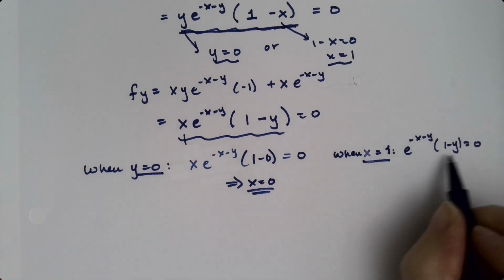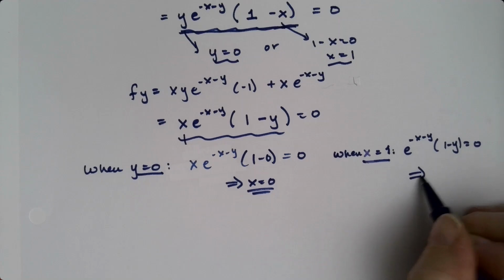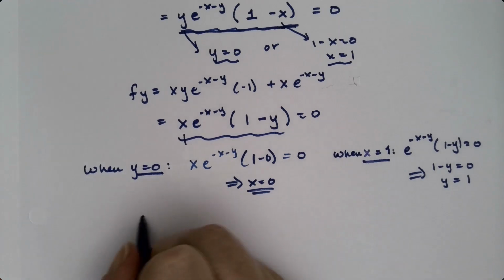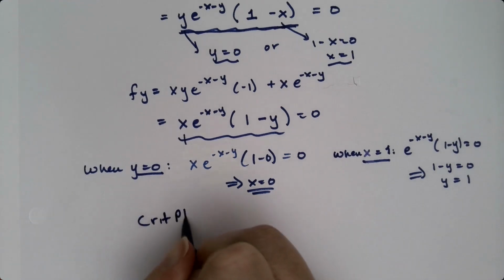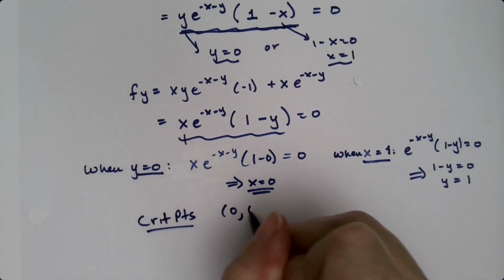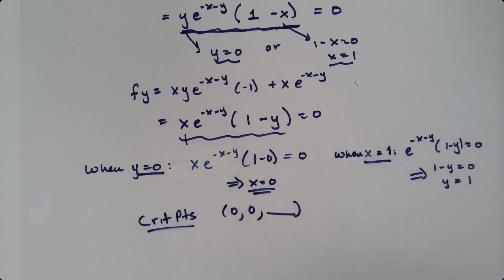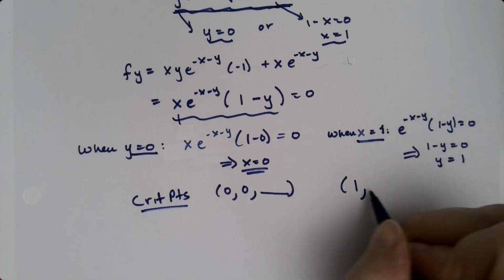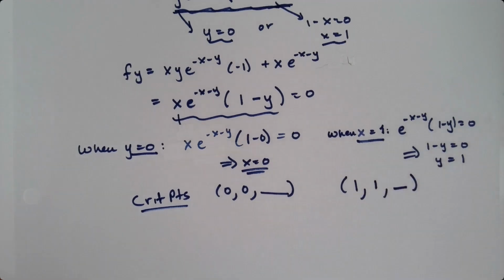And the only way that's going to equal 0 means that 1 minus y has to be 0, which means y is equal to 1. So I'm getting the points x equals 0, y equals 0, so (0, 0), technically something. And then the other one will be when x is 1, y is 1, and technically there's some other value.